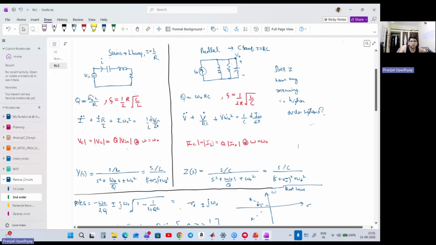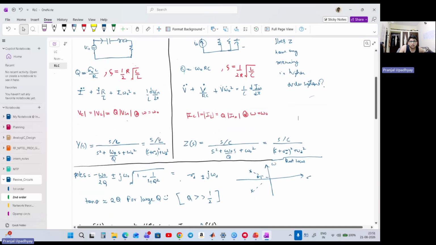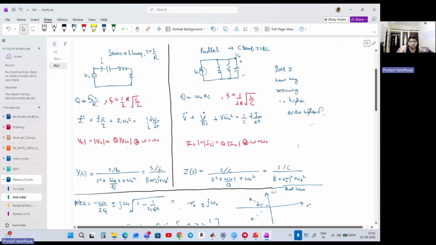The Laplace of this will be simply s times V_in of s, right? So you can easily get your admittance as this, and you can get your impedance as this, right? And again here you can understand that L is in the numerator, dividing the numerator rather. That's why I said initially that we can consider the inductor as the bar in a series circuit.